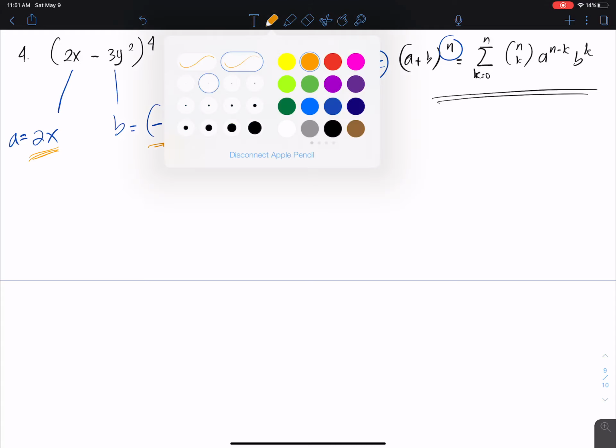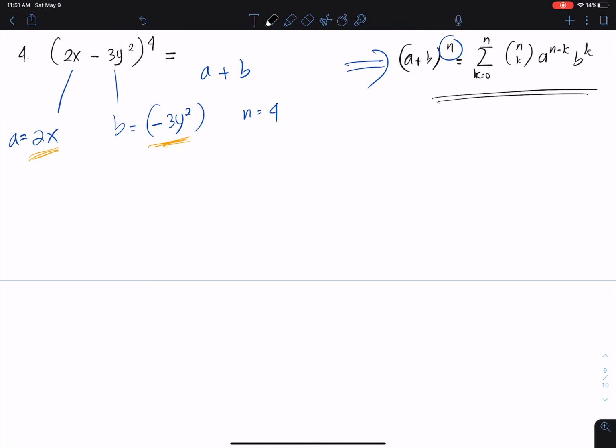So I will start with (2x minus 3y squared) to the power of 4, which is the same as the sum for k from 0 to 4 of combination 4 k, times 2x to the power of 4 minus k, times minus 3y squared to the power of k. So this is exactly how it is.